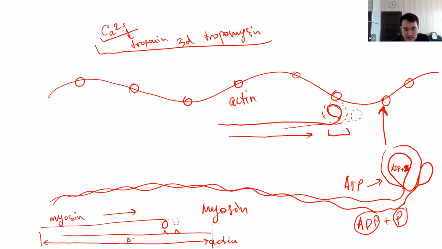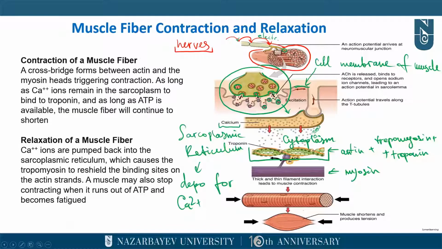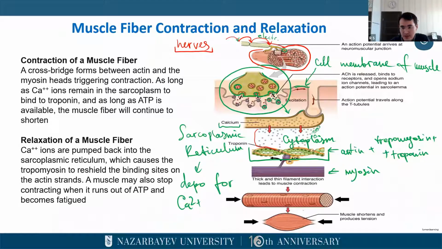So we will have some change in the distance between one side and the other side of this total filament. And when it relaxes, it just goes back in the other direction. So we have this calcium going back to the sarcoplasmic reticulum.